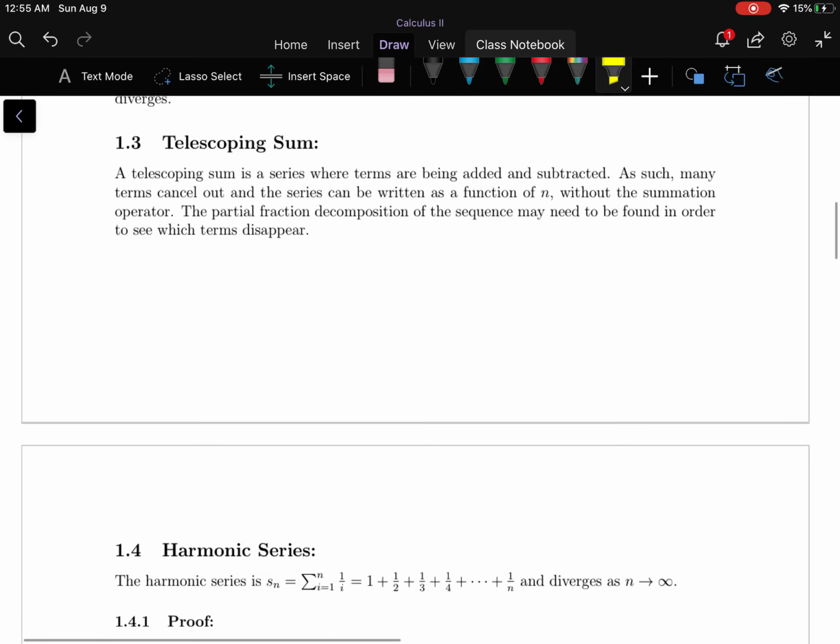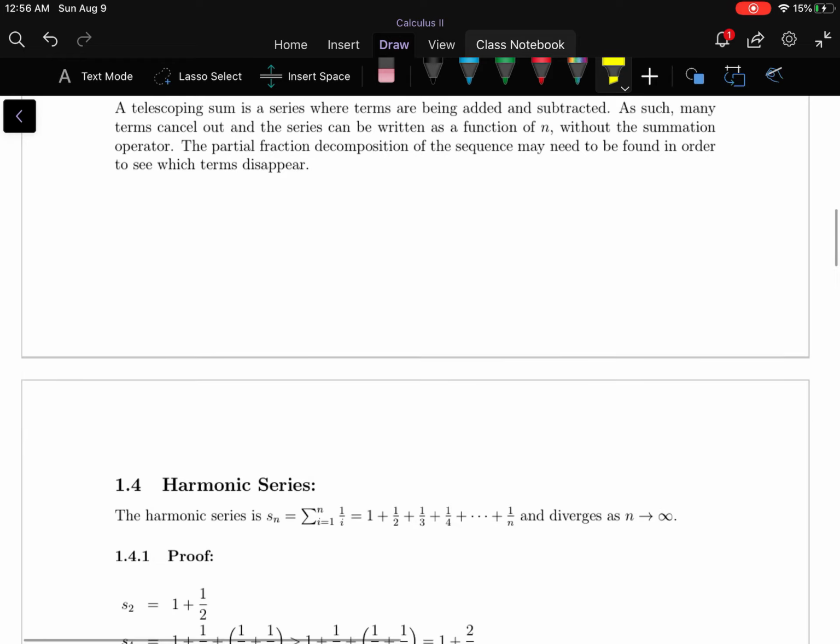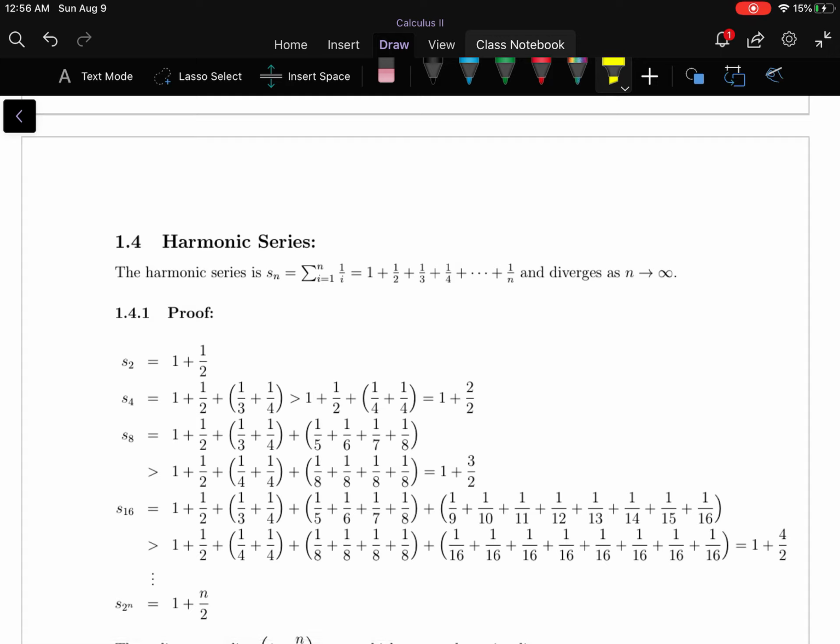A telescoping sum type series is one where if you expand that series out and write the values that you're adding, some will subtract out and you're really just left with a few finite terms, and you'll see an example of that shortly. And a harmonic series has a form like the sum of 1 over i, where you're adding up smaller and smaller terms.